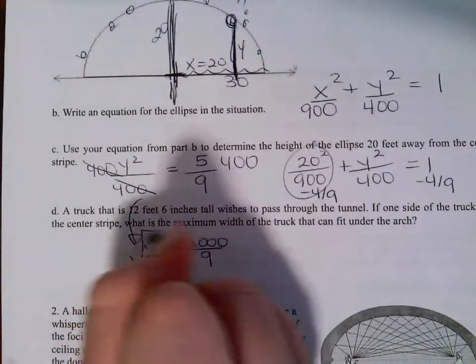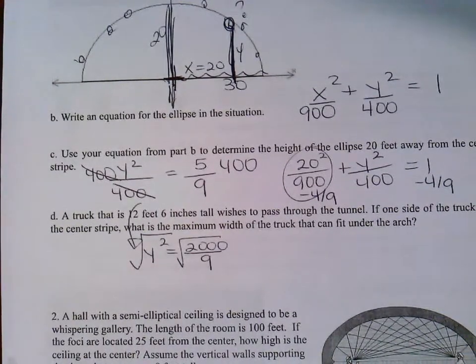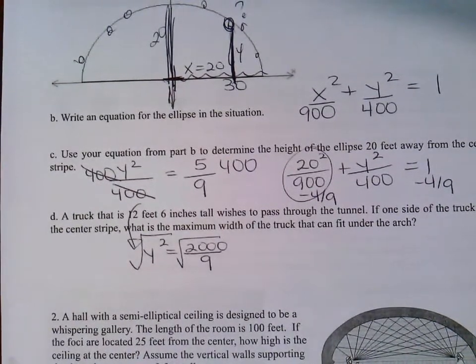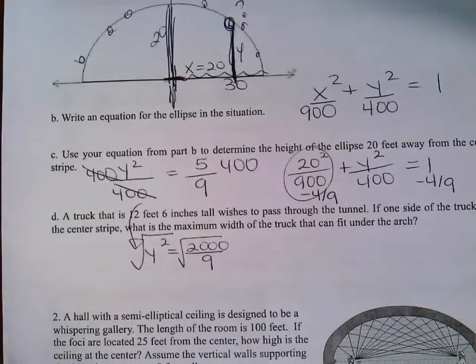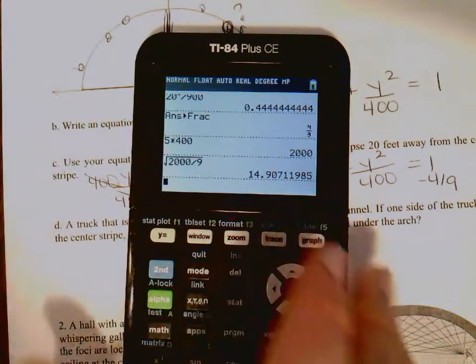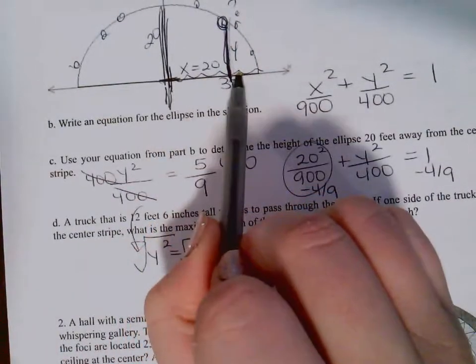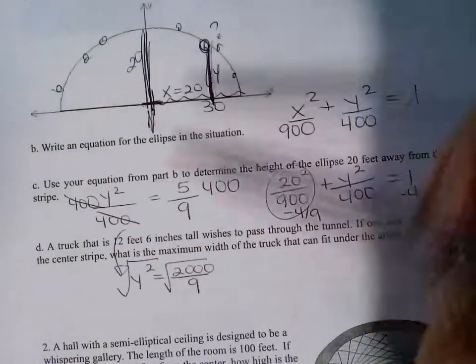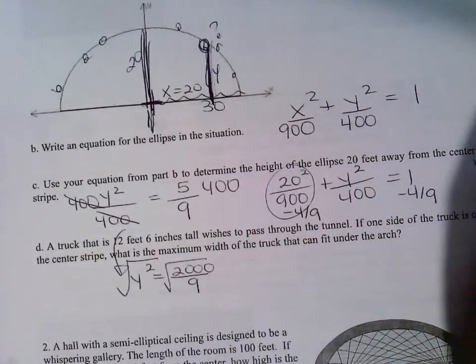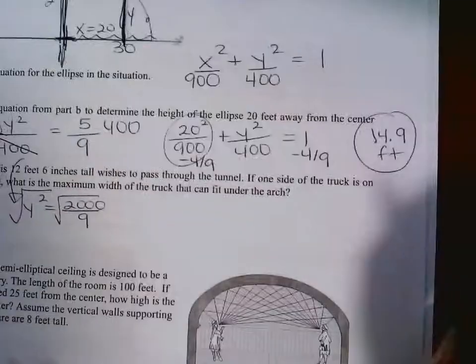My last step, I want to take the square root of both sides of the equation. So what is the square root of 2,000 divided by 9? I got 14.9. So that is the height of the bridge. When I'm 20 feet away from the center stripe, the bridge is 14.9 feet tall.